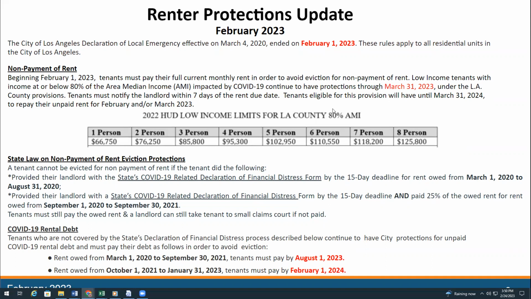And the second tranche of deadlines that we must pay attention to is any rent owed from October 1st, 2021 through January 31st of 2023. And under the law, tenants must pay that owed rent no later than February 1st, 2024.